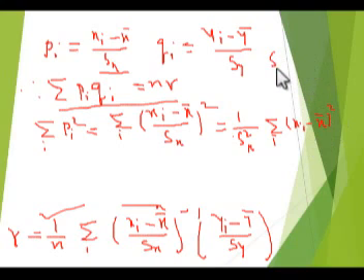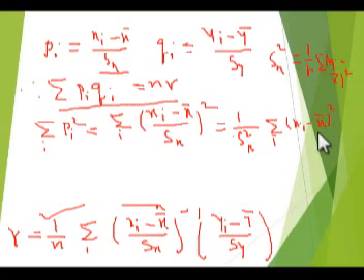What is the definition of standard deviation of x? The variance of x, sx square, is equal to 1 by n summation of xi minus mean of x whole square.